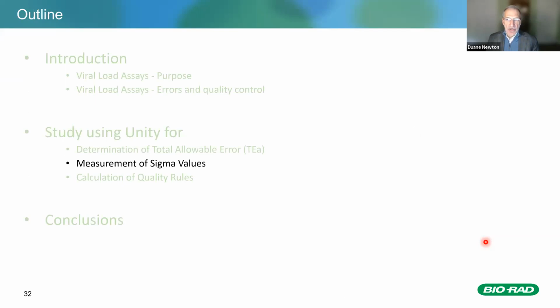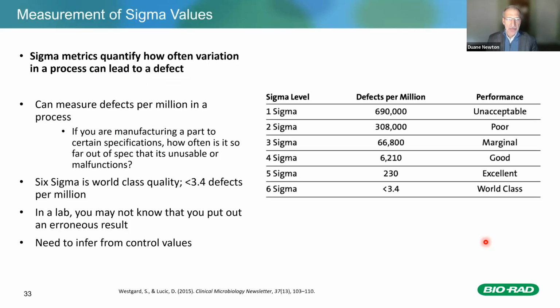So next, I'm going to introduce the concept of sigma values for molecular, because we now understand the clinical limits under which these assays are performed, and we can now apply the concept of error rates into this context. So you may be familiar with sigma values as they're applied to lean principles in error detection and processes. Sigma metrics are used to quantify how often variations occur in a process that can lead to a defect.